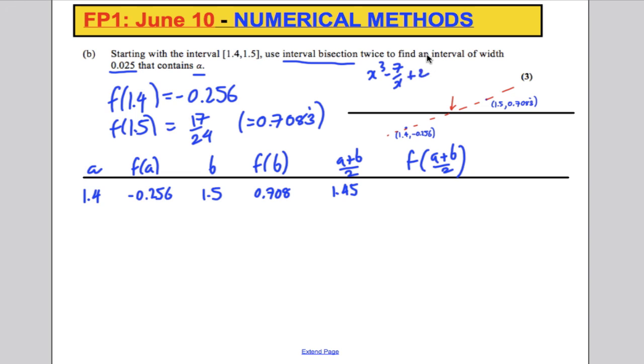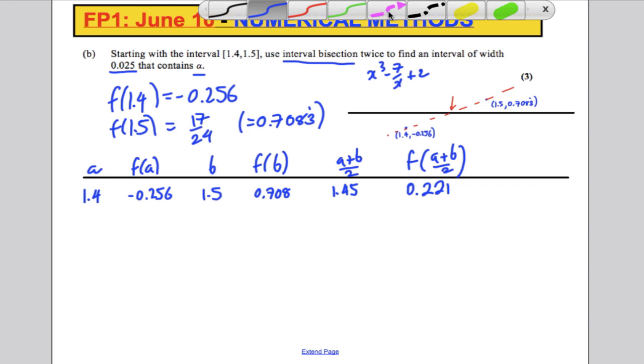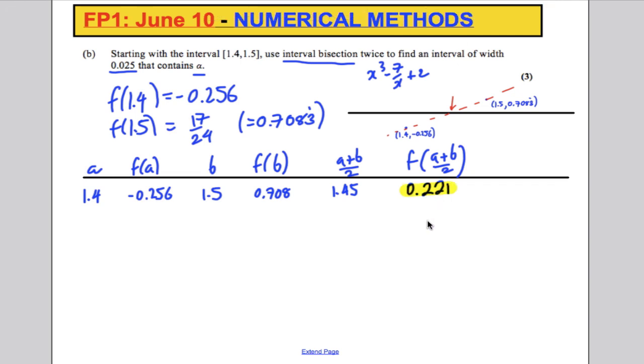So have that on your calculator. Calc, and you want to calculate at 1.45, so you get yourself 0.221, etc. Now we're always going to take this end method. That's positive, so we want to take the negative that went with it.